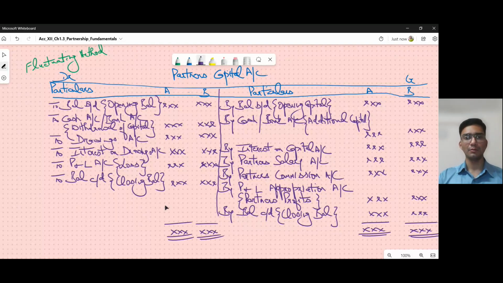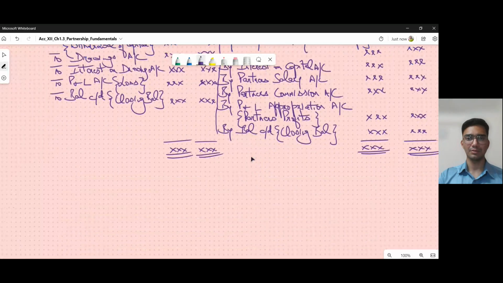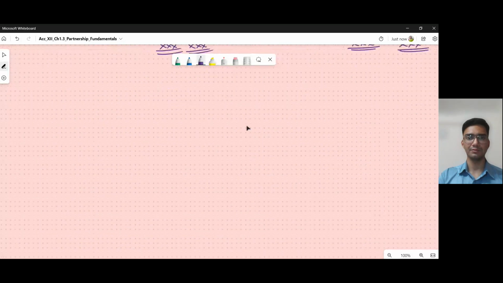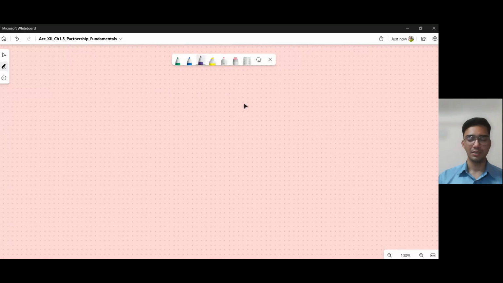All right, so what is the difference now between these two accounts? A very simple difference. It is an important question for the exams, so we're just discussing it. We have two methods that we have seen. We have the fixed method and the fluctuating method.